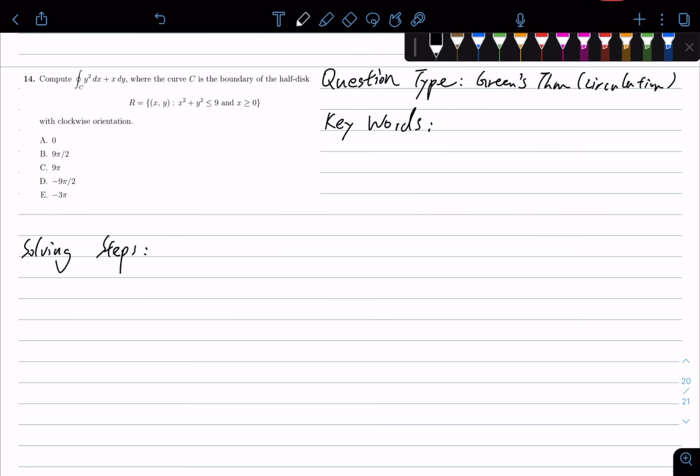What we have said before still stands true. First of all, this is a closed curve, or bounded curve.